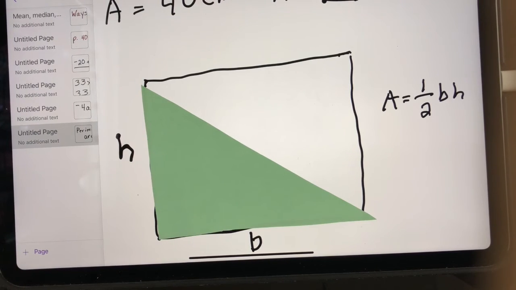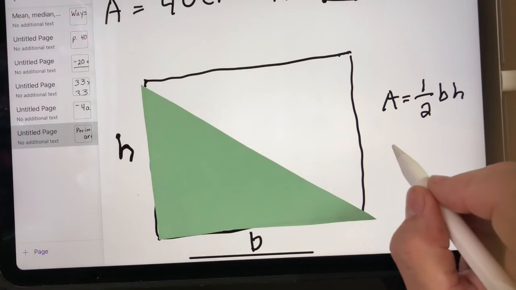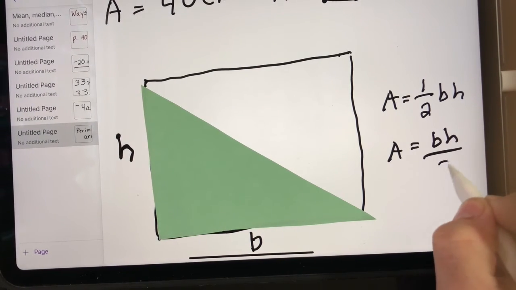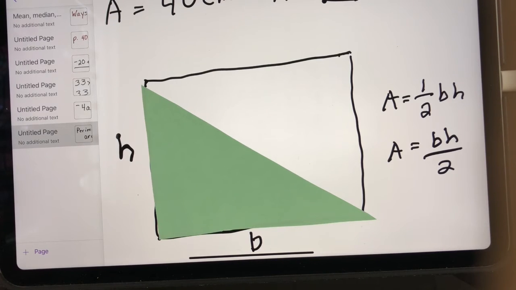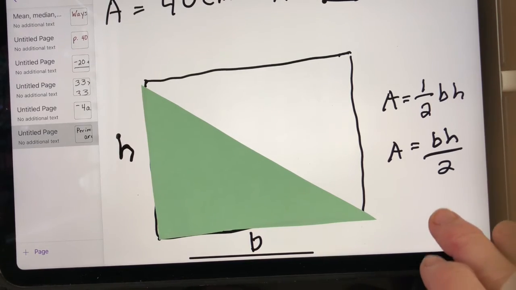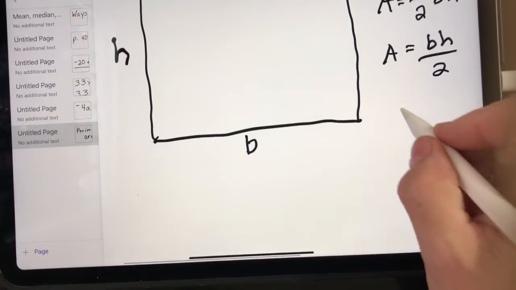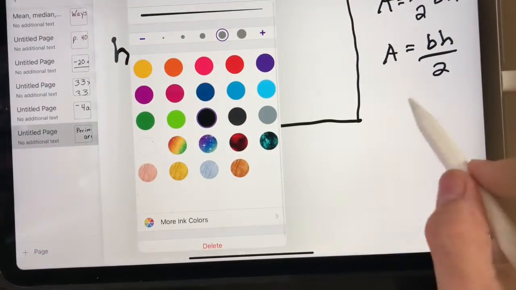Who's seen it written another way? Another formula. Area equals base times height over 2. Have you seen that? I've seen that. They're both the same. Do you know why they're both the same? Brian, why would these be both the same? Why are these 2 formulas the same thing?